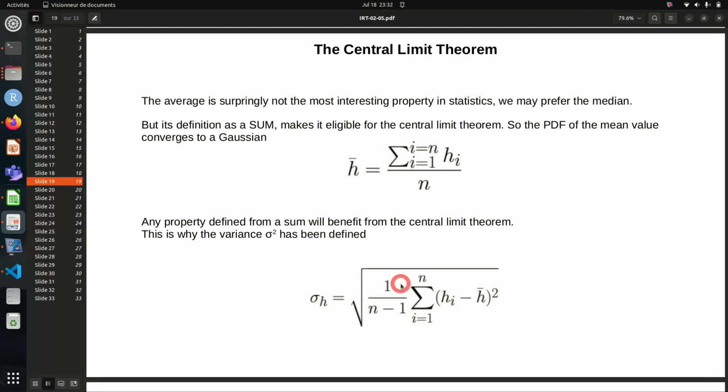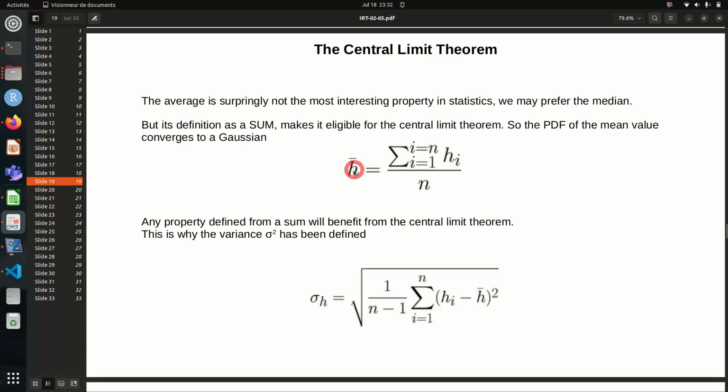Because it's a sum. You remember? And what happens if it is a sum? It means that the shape of the average is a Gaussian. The PDF of the mean value, if we compute several times a mean value, is going to be a Gaussian.